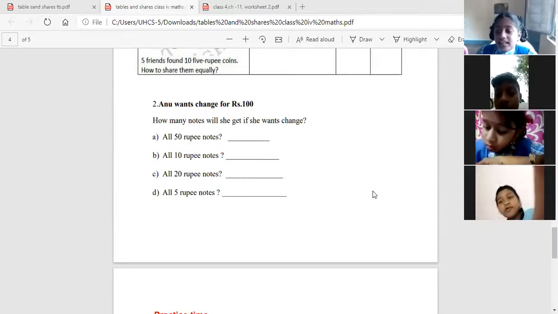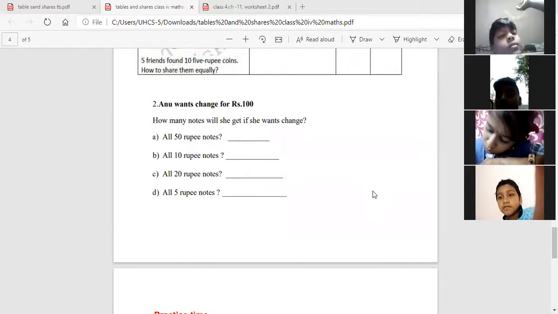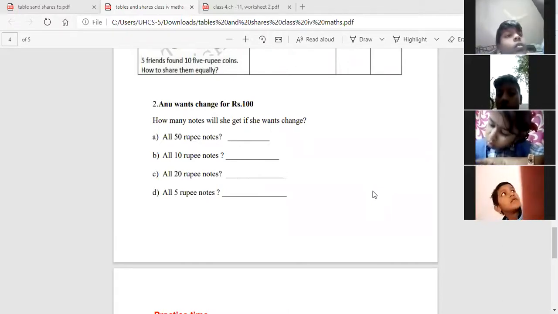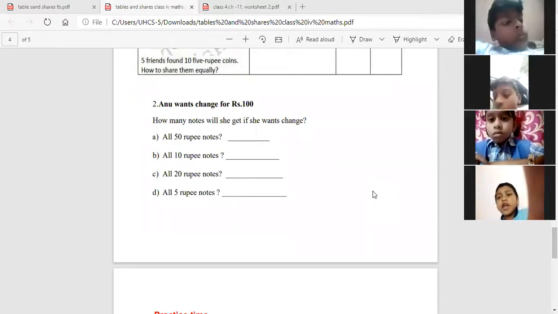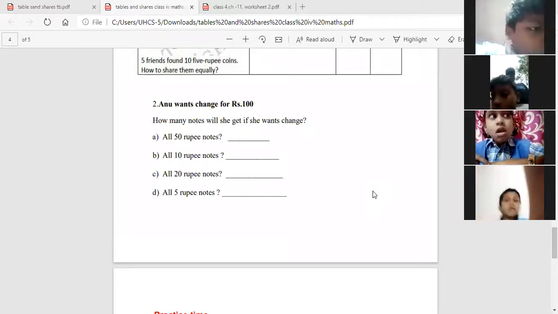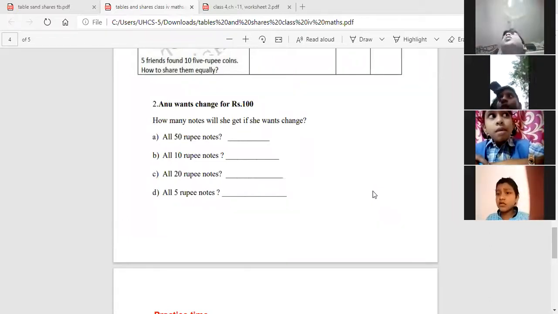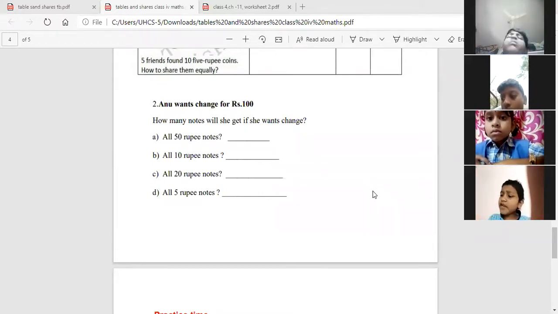Sir, 100 divided by 20 is equal to 5. Yes, 5 is the right one. How 5? I am explaining. 2 twenty rupee notes will become 40. If 3 are there, 60. 4 are there, 80. 5 means 100.